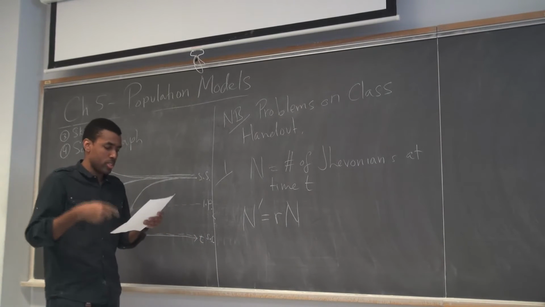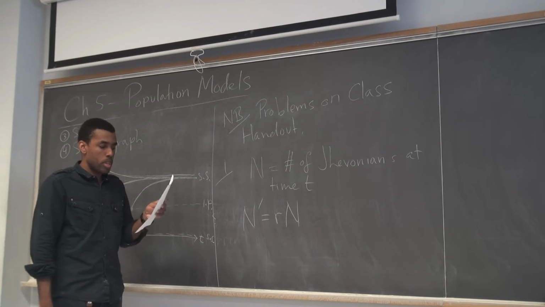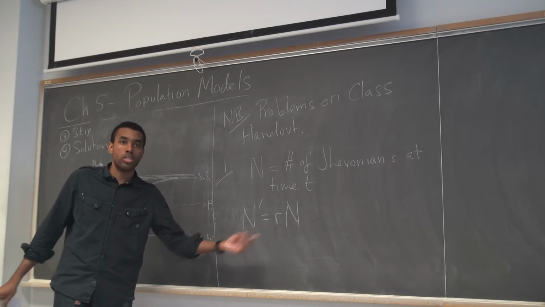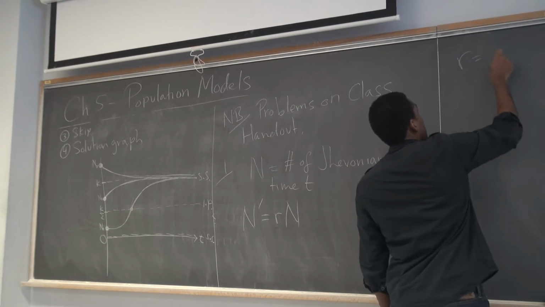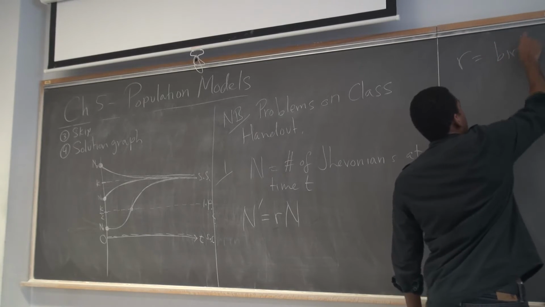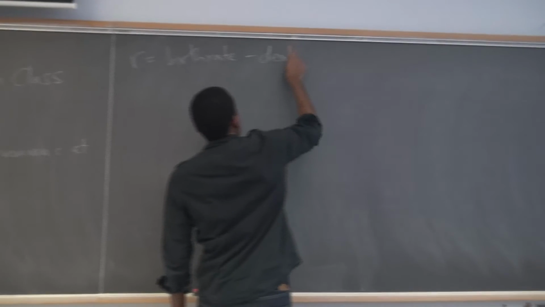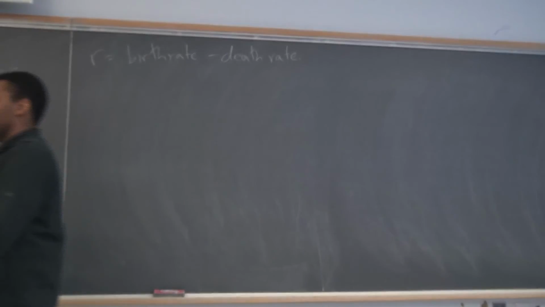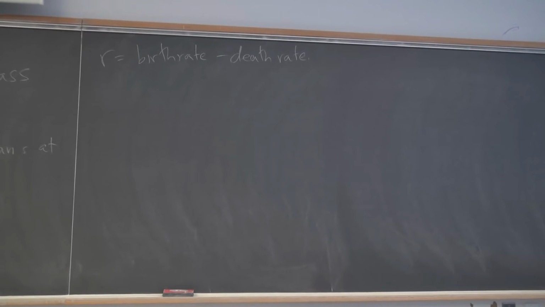So that's what it means when it says growing proportional to its size. What it told you before about the birth rate and death rate is actually telling you how to figure out what R is. R is basically going to be birth rate minus death rate. Figure out how many are being born versus how many are dying, and that's telling you how the population is changing.